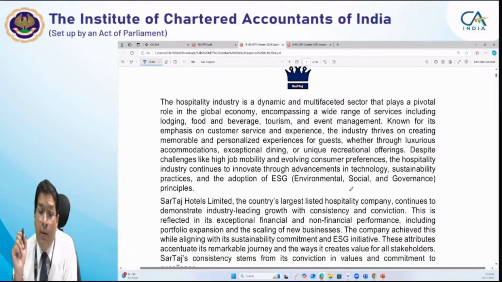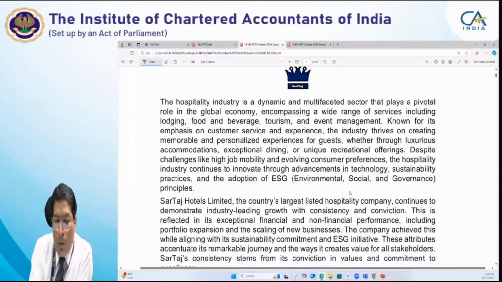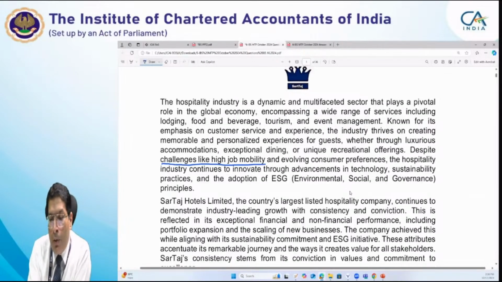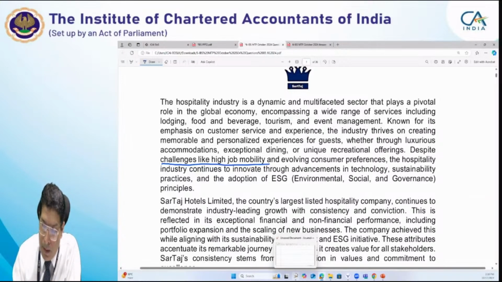Known for its emphasis on customer service and experience, the industry thrives on creating memorable and personalized experiences for guests, whether through luxurious accommodations, exceptional dining, or unique recreational offerings. Despite challenges like high job mobility, it is important to note that in this industry there is a challenge of high job mobility. I am noting it down.